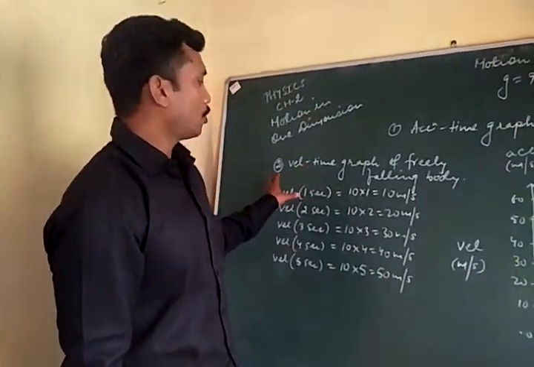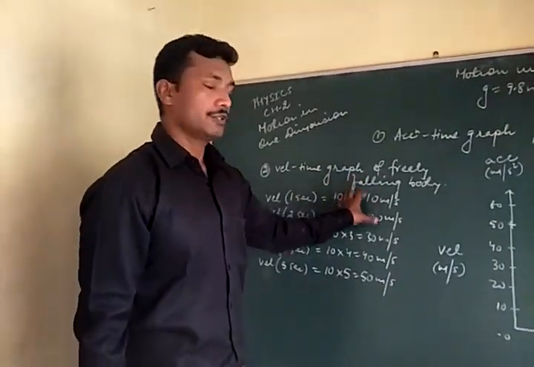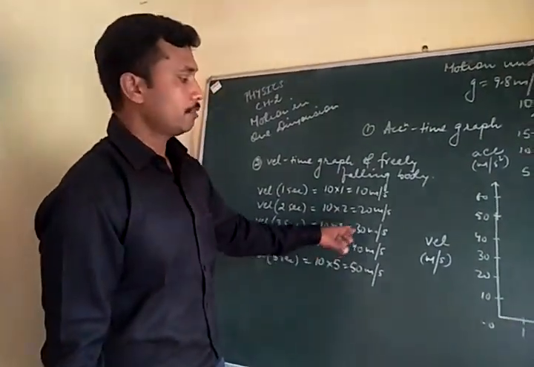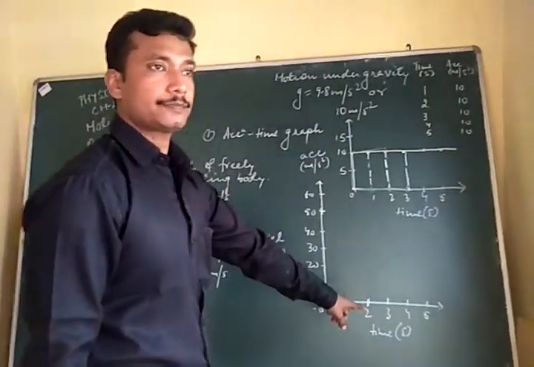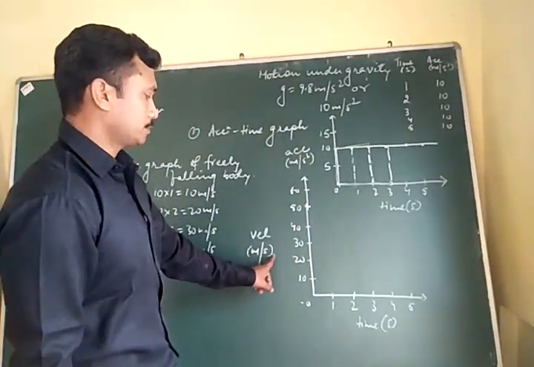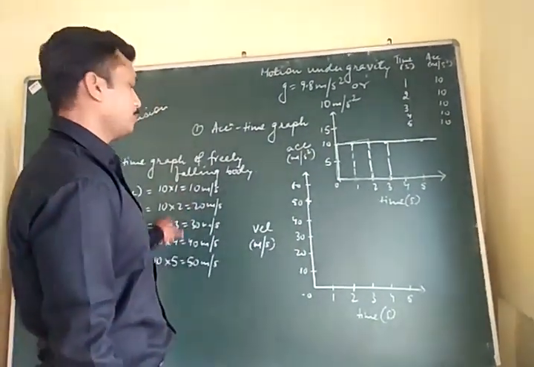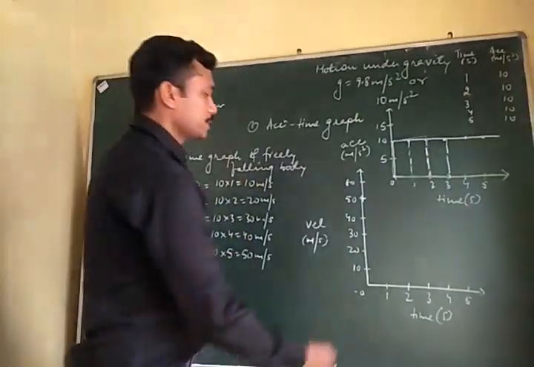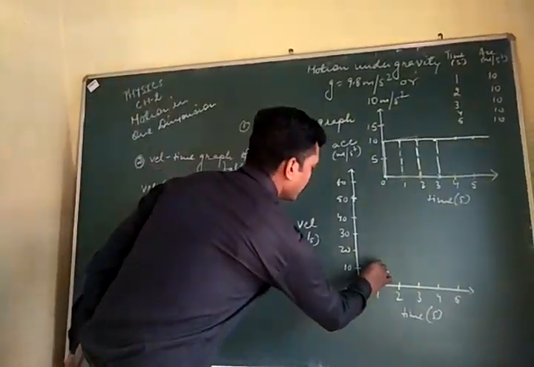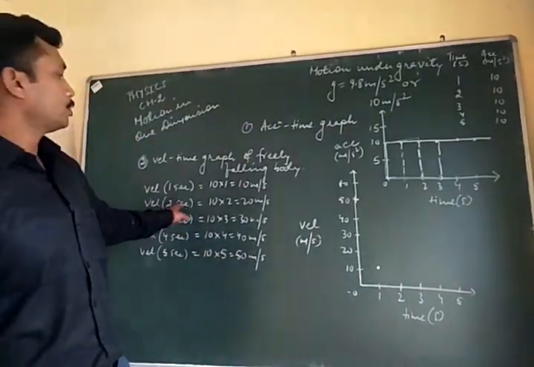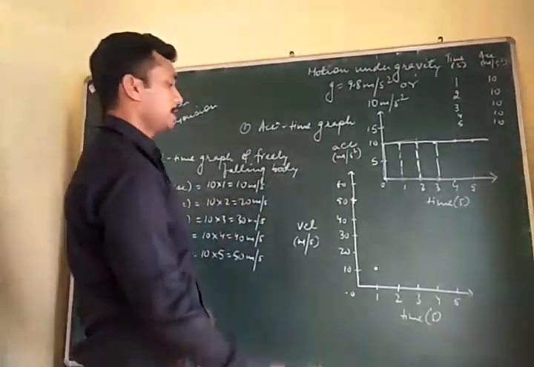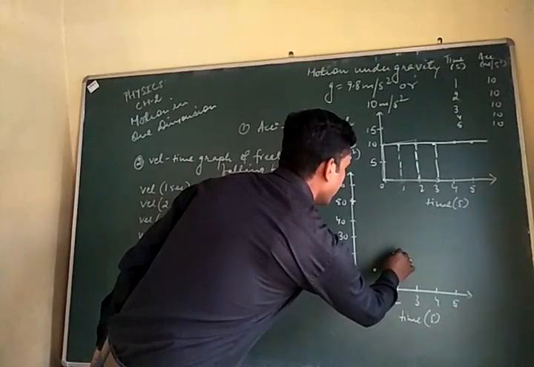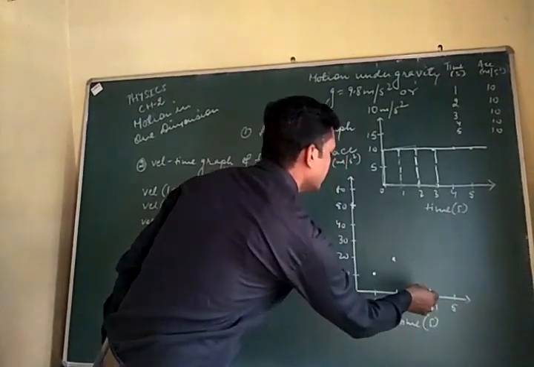Now let us try to draw the graph for this data, that is the velocity time graph. We can now mark the points. After 1 second, the velocity is 10 meter per second. So we can have one point here. After 2 seconds, the velocity is 20 meter per second. We can have one point over here.